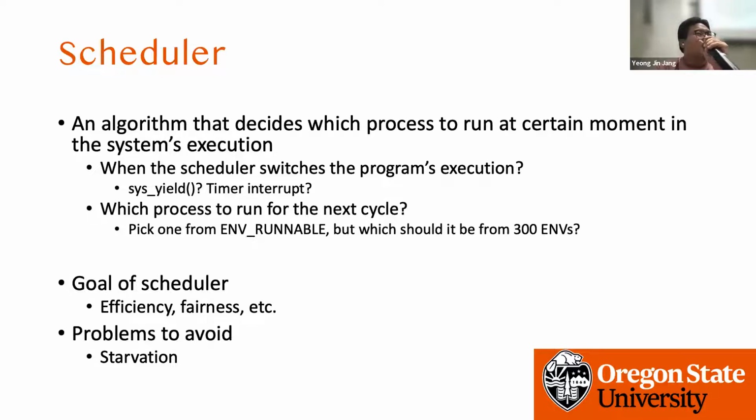Based on the purpose of the job, we can edit the scheduler algorithm to perform better for the target purpose. We will learn what kinds of scheduler algorithms there are and the effects of each of them. We will start with that.